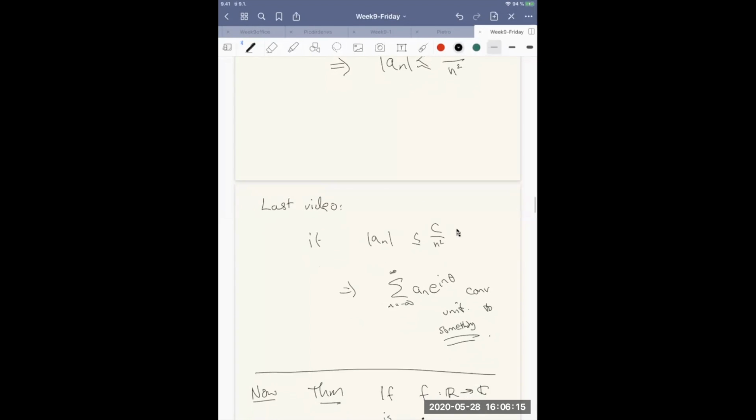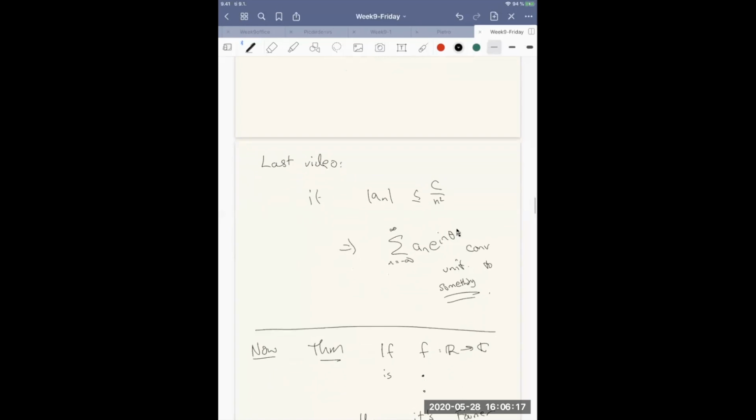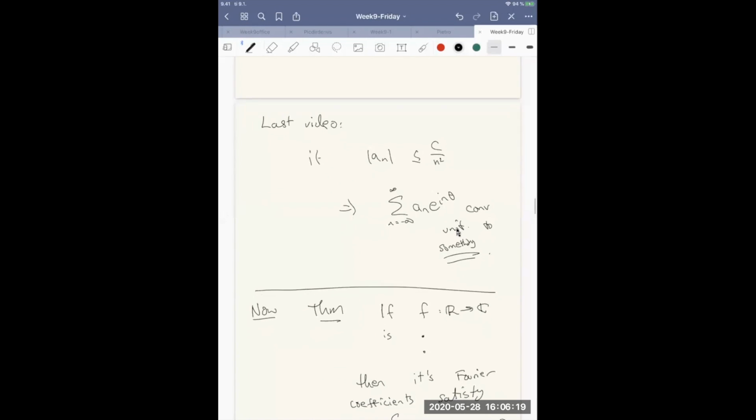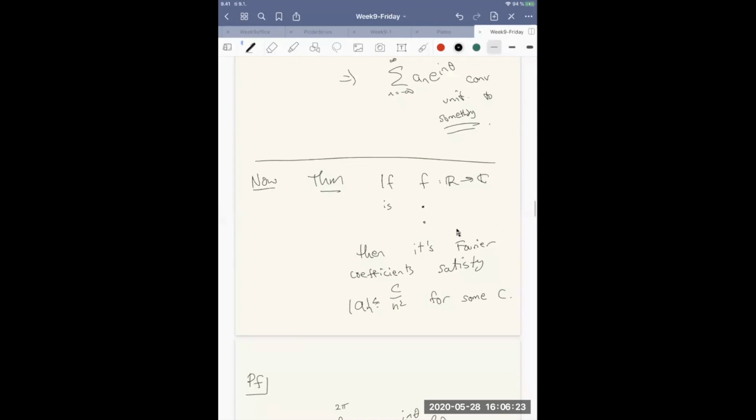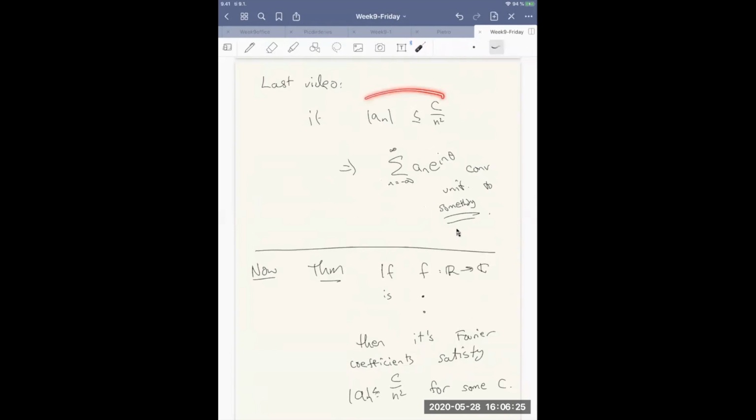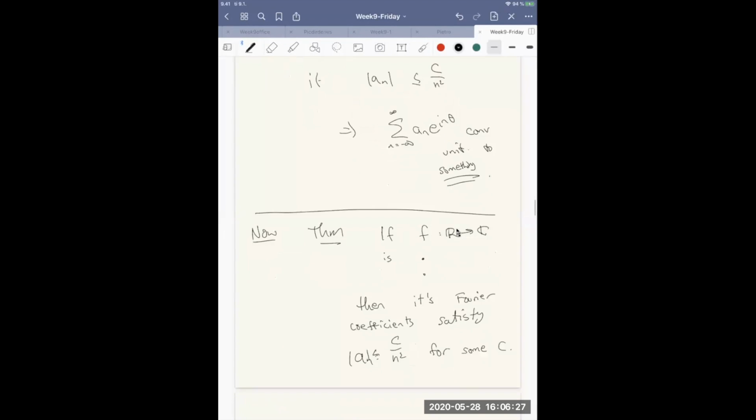We're just asking, does it converge to something? So let's give assumptions that actually guarantee that the decay is fast enough. There will be two assumptions. Well, we'll need f is twice continuously differentiable.